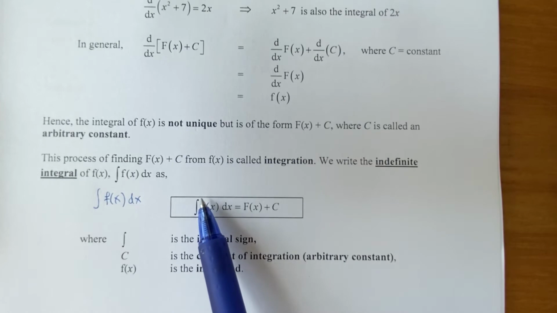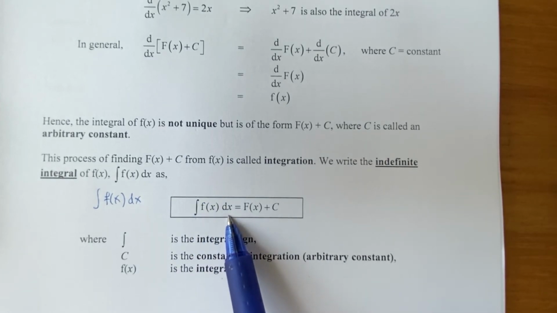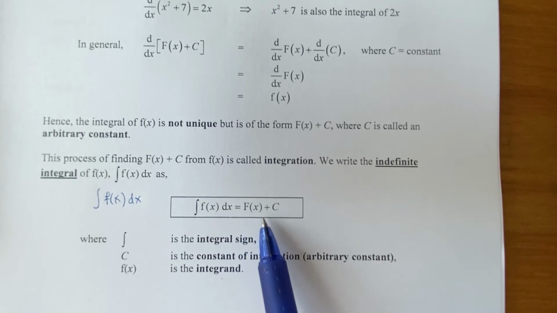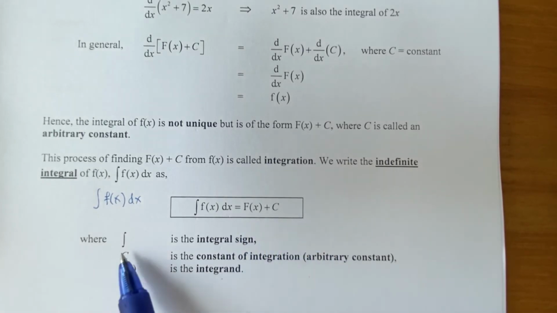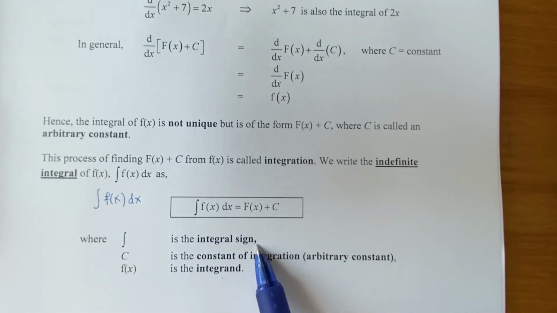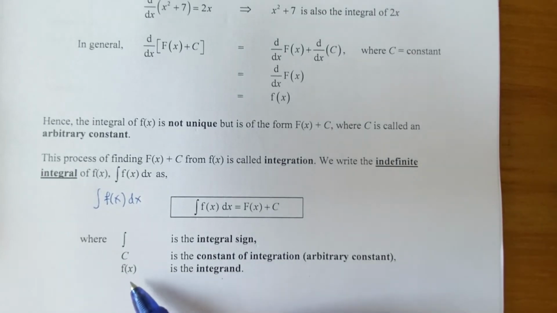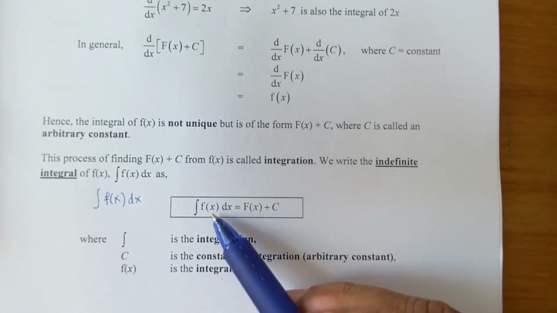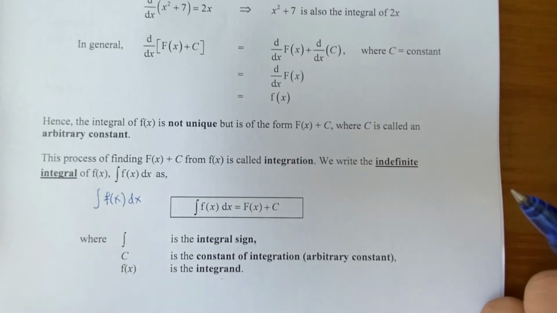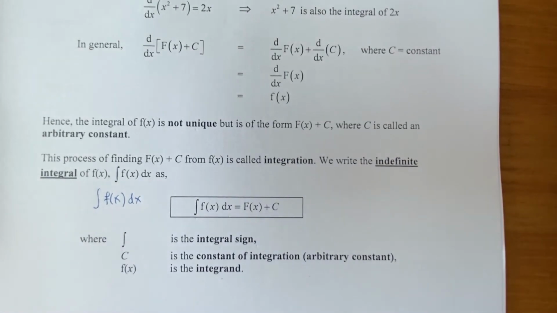If we have the integration of f of x with respect to x, we are going to have the big F of x plus c, where this symbol here is the integration sign, or what we call the integral sign. c is the constant of integration, which is actually the arbitrary constant, and f of x is the integrand. Okay, what is being integrated?